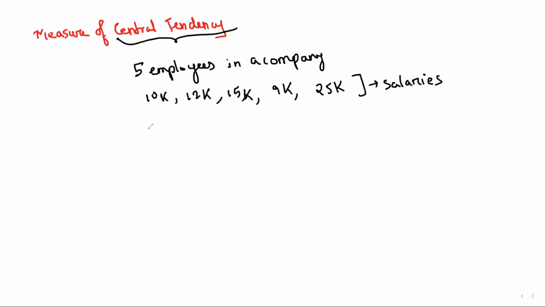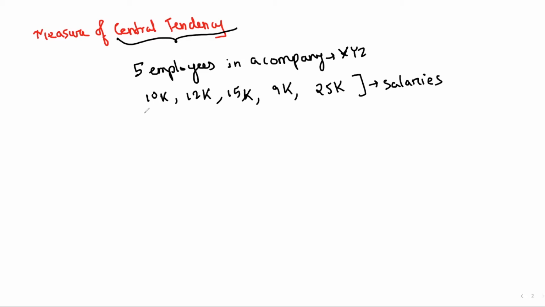And someone asks you, okay, can you tell me the average salary of the employees that work in this particular company? Let's say it's any XYZ company. Let's say someone asks you, tell me what's the average salary of this company? So how will you calculate?